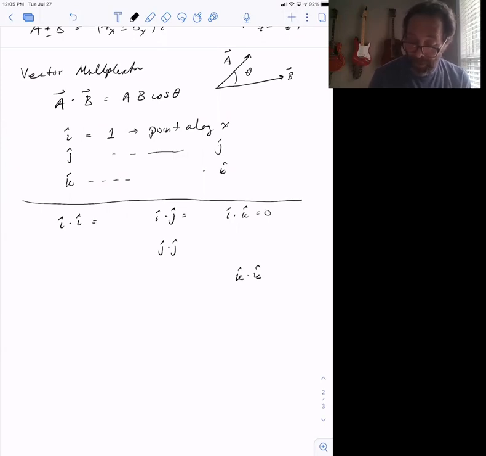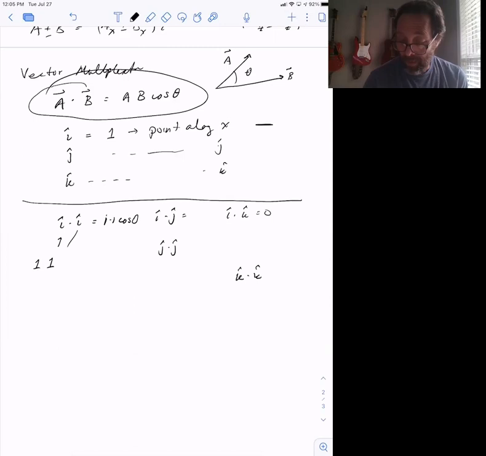Using my definition that A dot B is AB cosine theta, I see that i hat dot i hat, because this has magnitude 1 and this has magnitude 1, will be equal to 1 times 1 times the cosine of 0. Why 0? Because they're in the same direction. So the cosine of 0 being 1, and this will be true about k hat dot k hat and j hat dot j hat, will also be 1.